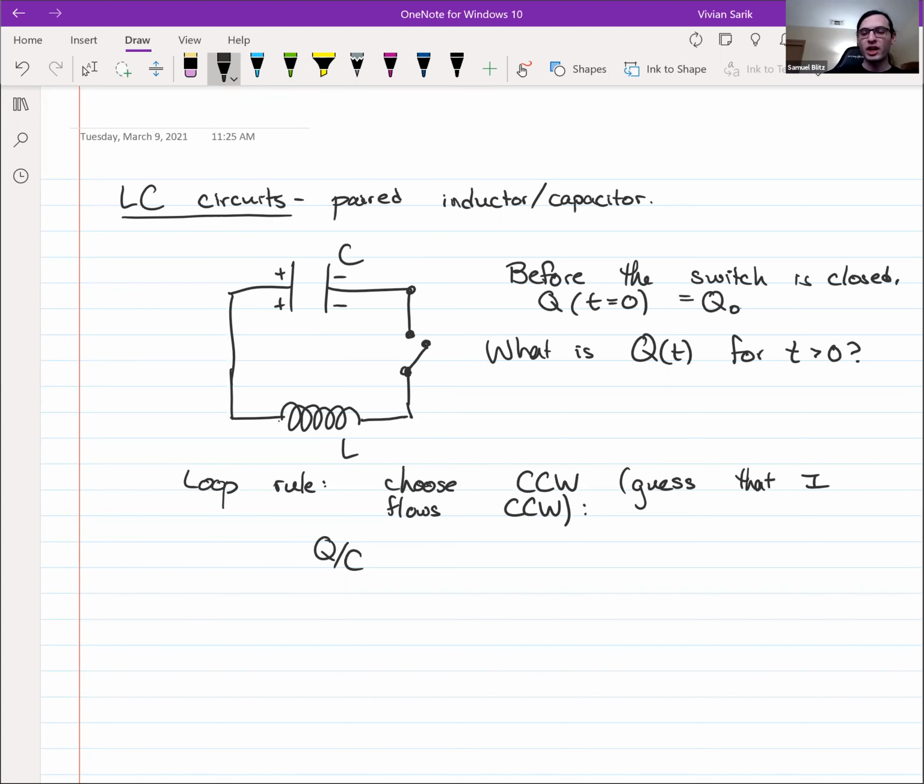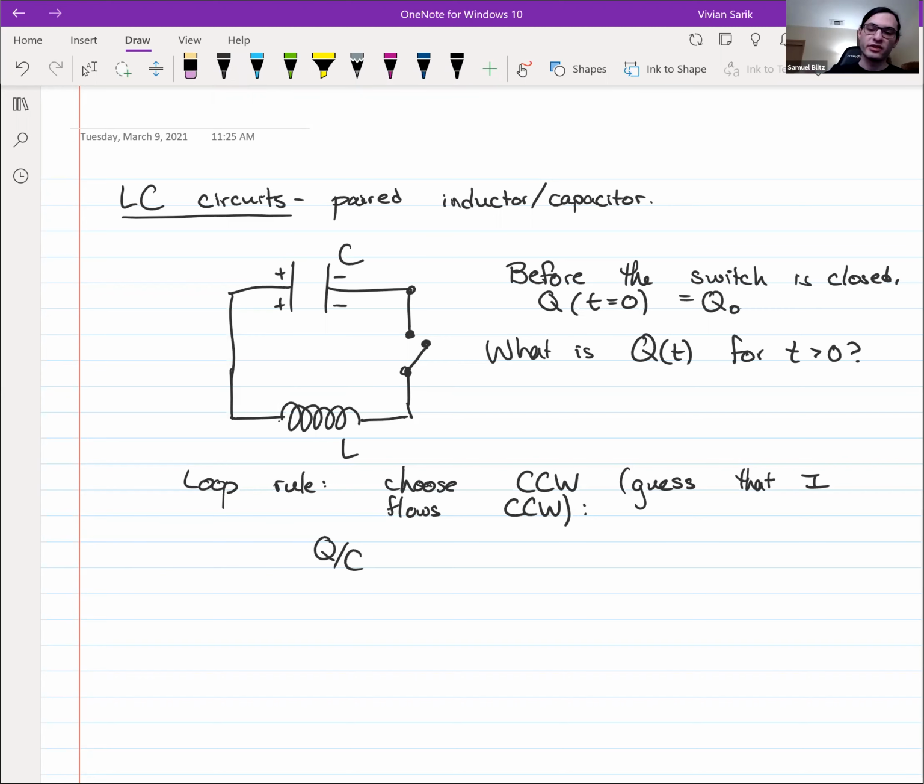And then we have to think about what happens for L. For the inductor, we know that the current is initially 0, and the current's going to try to increase once the switch is closed. So the inductor is going to try to keep the current low. What that means is that right when the switch is closed, the inductor will produce an EMF in the opposite direction as the current flow to try to reduce the current flow.